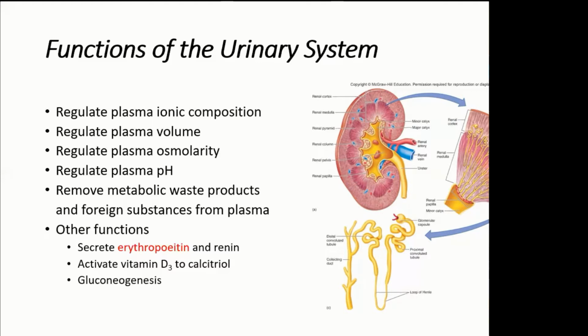Okay, so when we're thinking about functions of the urinary system, the functions of the kidneys, we're thinking about regulating the ions in the plasma. And that's really important, right? Because we remember that, for example, our neurons are really dependent on those concentrations of sodium and potassium.